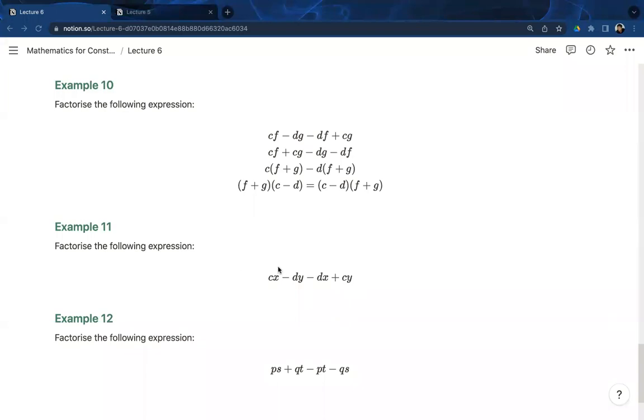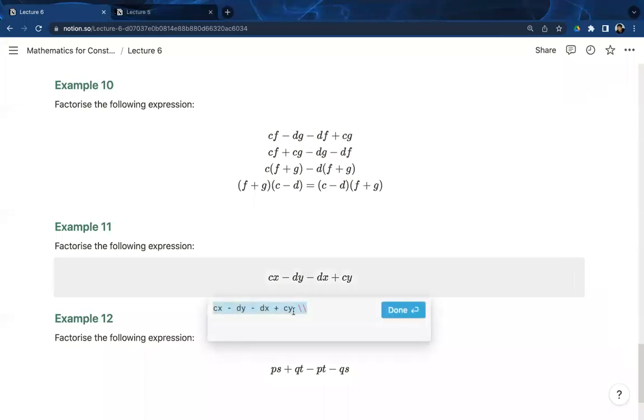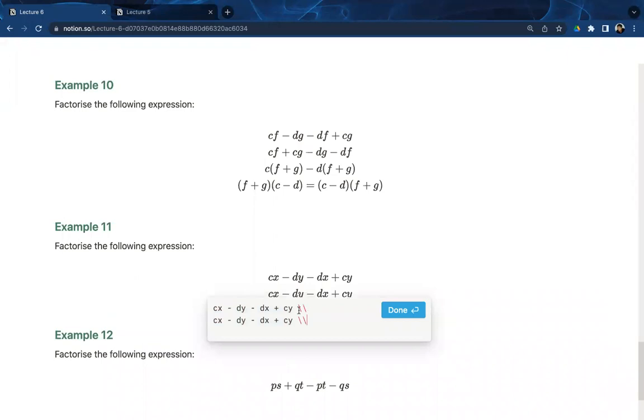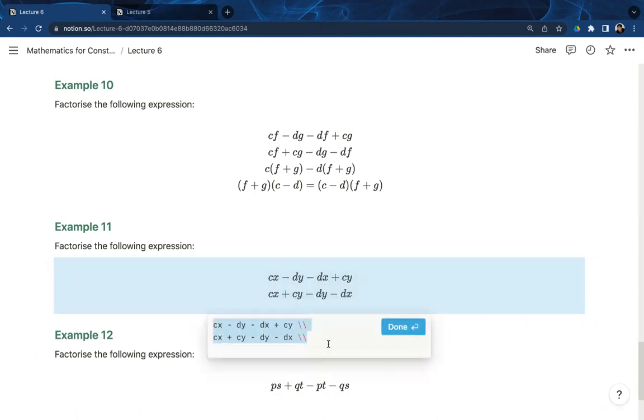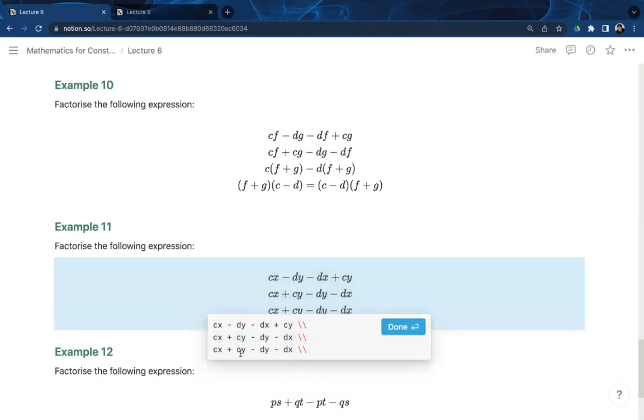So for example 11, let me pick C, just to be different. I'm picking C as the letter to start factorizing. So I'll take plus CY and put it here, like that. So I just rearrange the terms. CY comes here, and I have a DY, and I have a negative DX. What I need to do is factorize the first two terms.